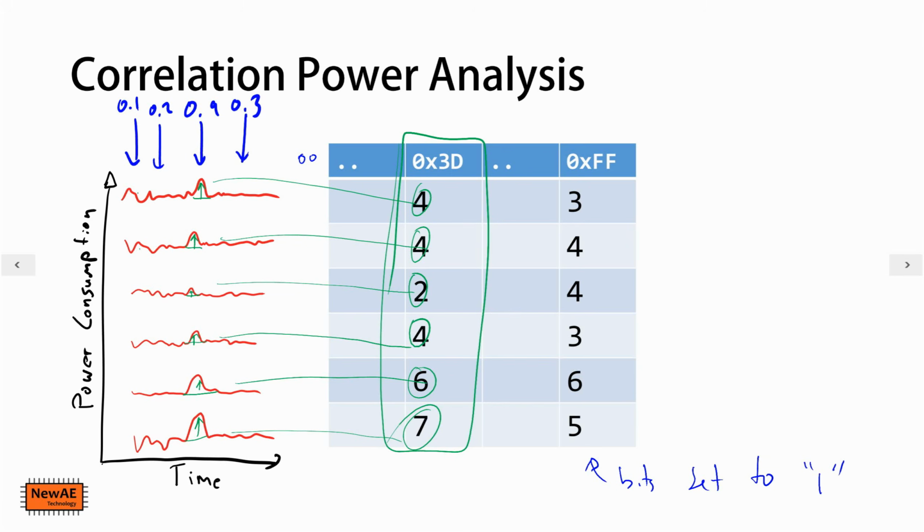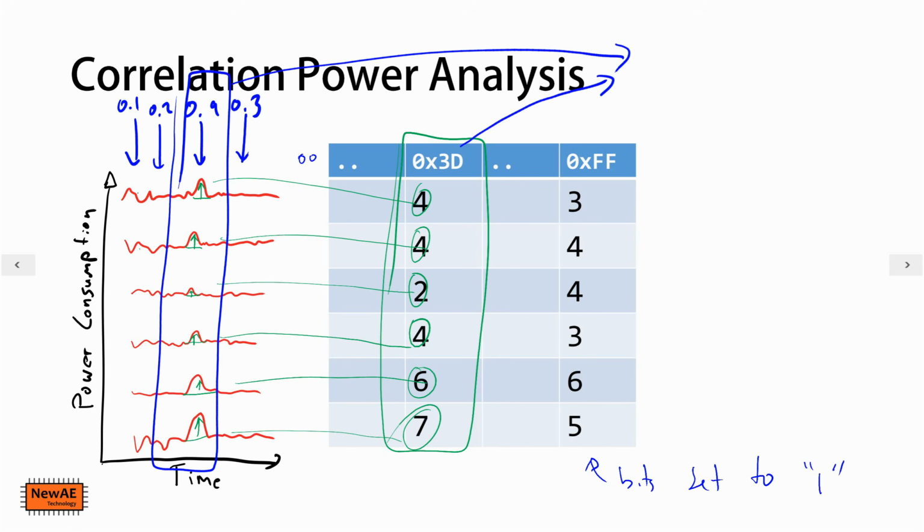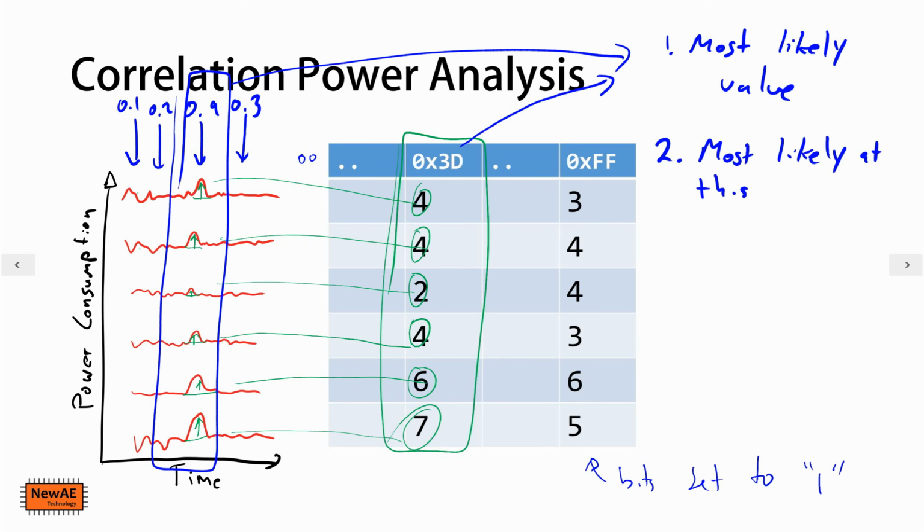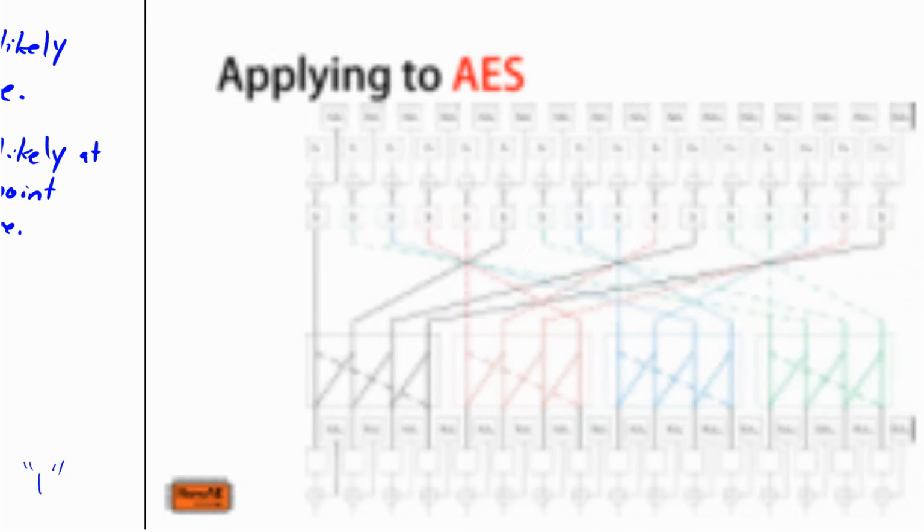And whatever guess gives us the best results at that particular point in time says, this is the most likely key value, and it's most likely at this point in time. So we don't even need to know when exactly the encryption was happening. The algorithm will figure it out, and we'll see that when we actually do a quick attack on AES.